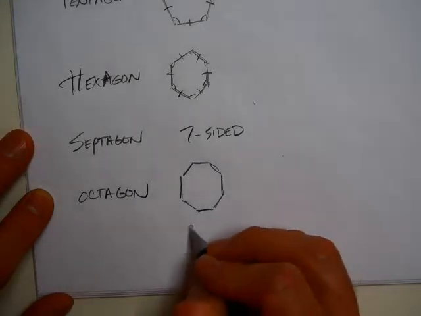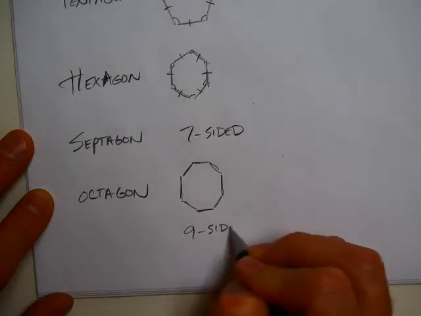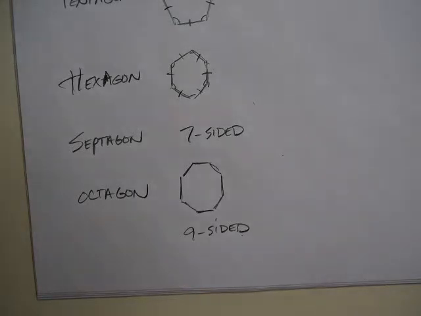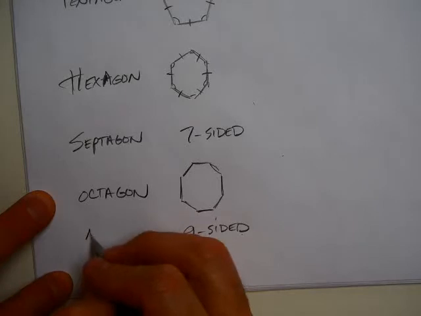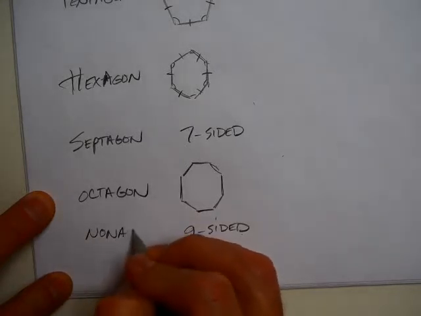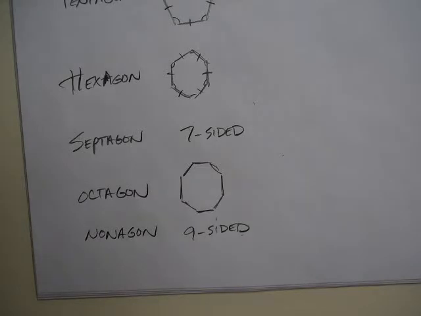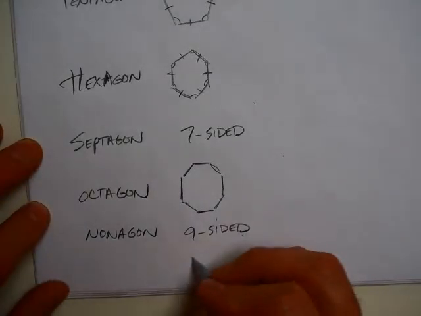How about 9-sided? It's not hecta. You probably don't know this one. It is a nonagon. Nonagon is 9-sided. 10-sided? Decagon. Yeah.